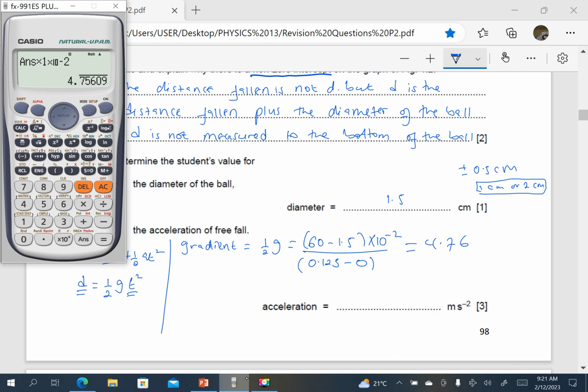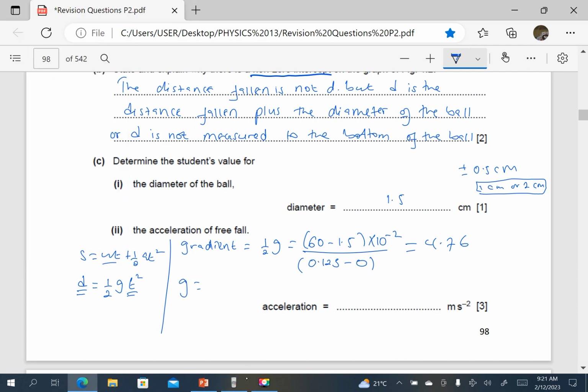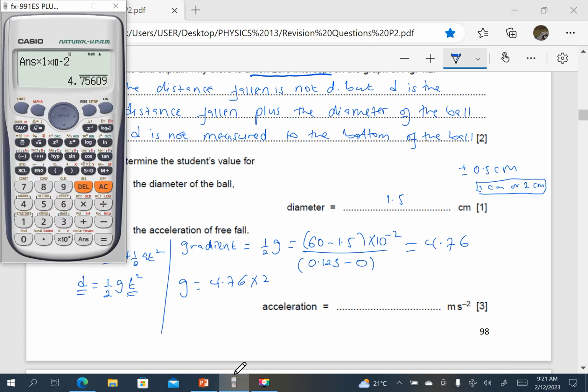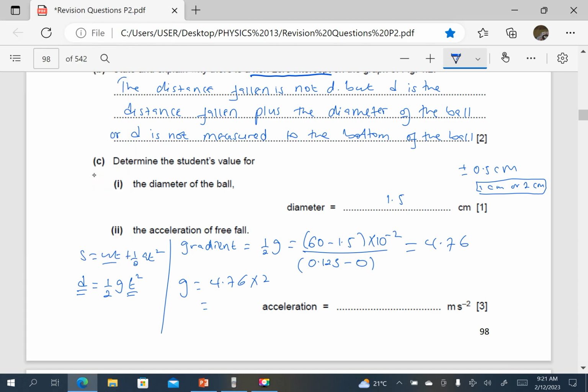Then we find the value of G. G is going to be 4.76 times 2, because a half G is the gradient. So we multiply the answer by 2 and that gives us 9.5. So G is 9.5. The student's acceleration is going to be 9.5.